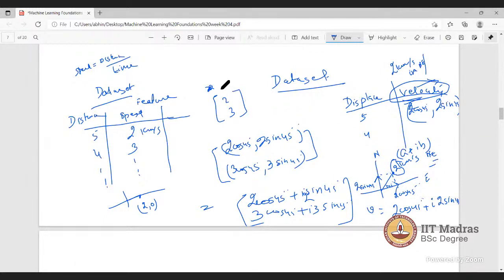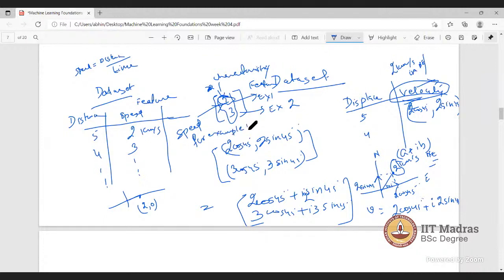In a matrix, what we know is this whole column represents a single characteristic, which we call a feature. And these rows represent different examples, example 1, example 2. So this 2 will represent speed for example 1, and 3 will represent speed for example 2.